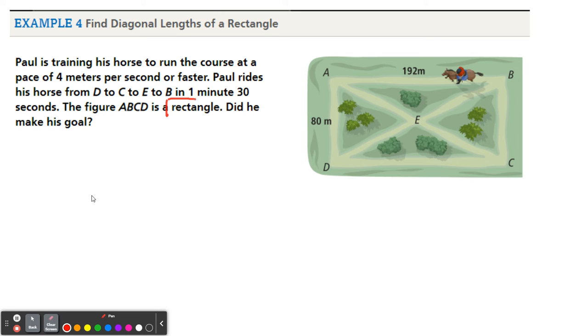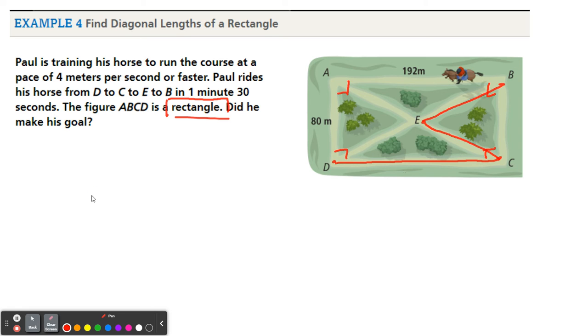Okay, so here is the fact that it's a rectangle, right? So I know that I have 4 right angles at A, D, C, and B. Okay. I also know that if my path is from D, so D to C to E to B, right?